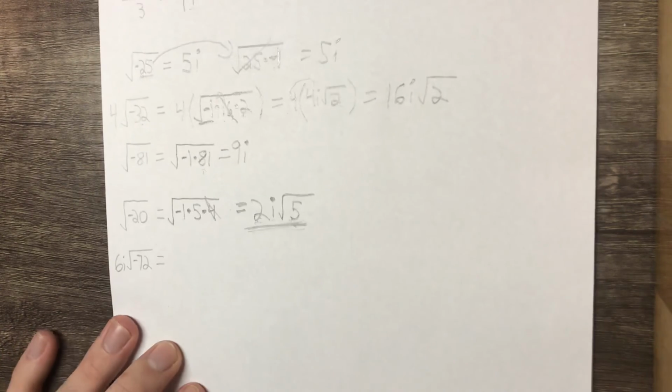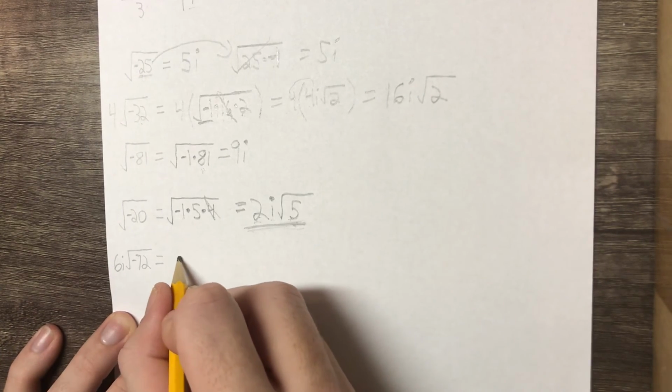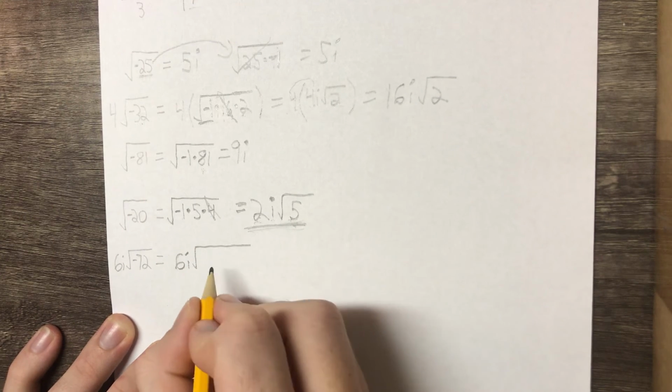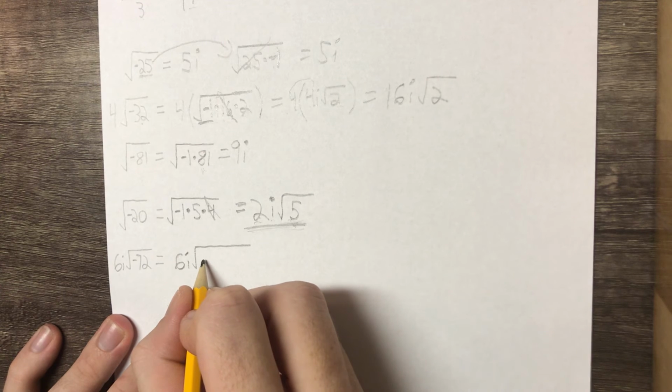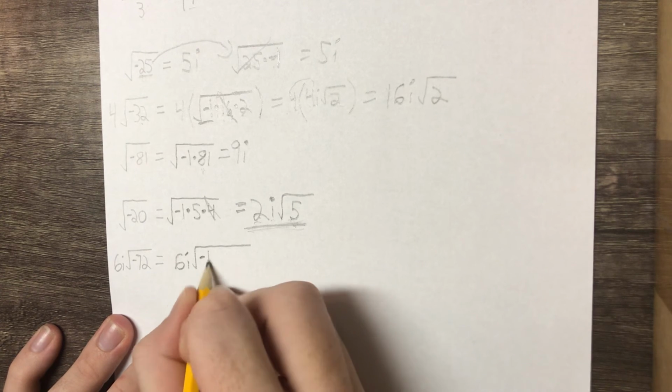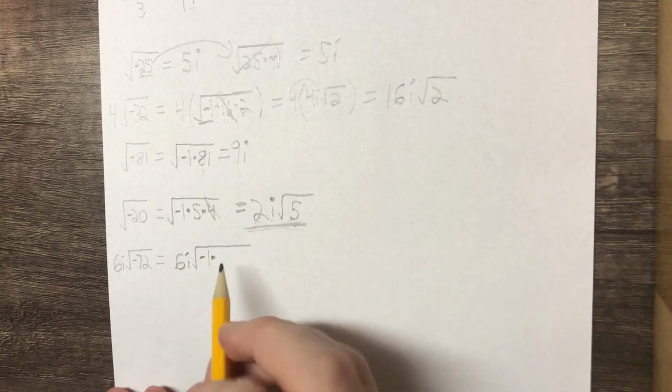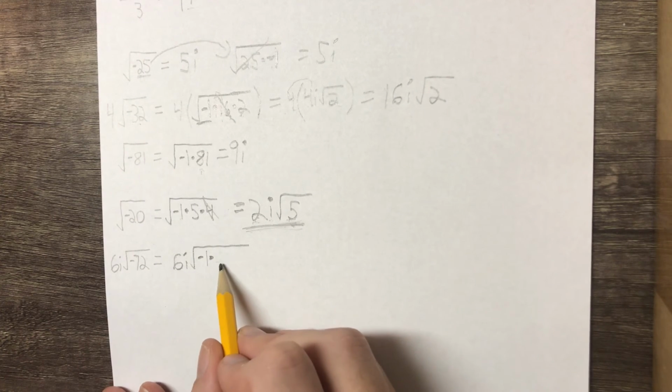All right, this last one's a little different. So we start with 6I, and then we could break down this negative 72 into negative 1 times what? Now, we already have done this before. Don't think 9 right away. Think higher. Because 9 times 8 is 72, yes.